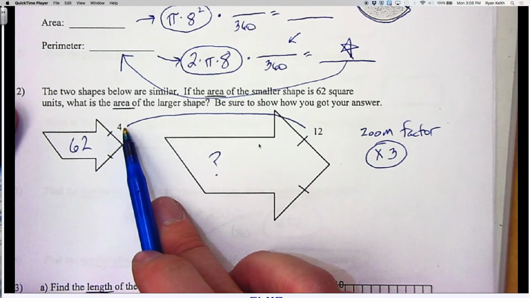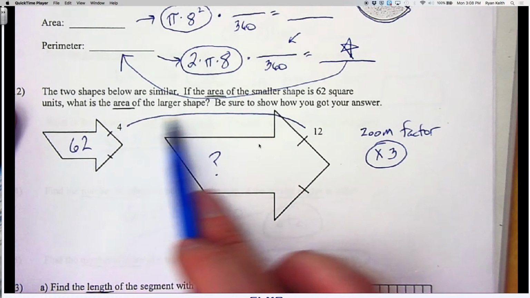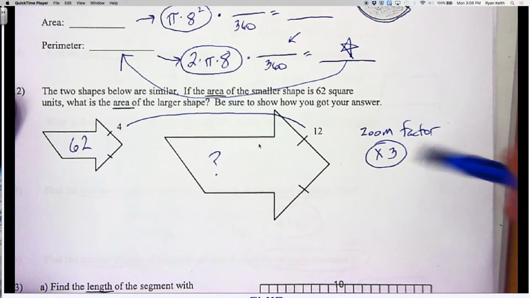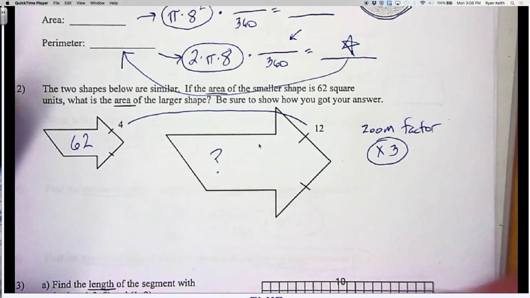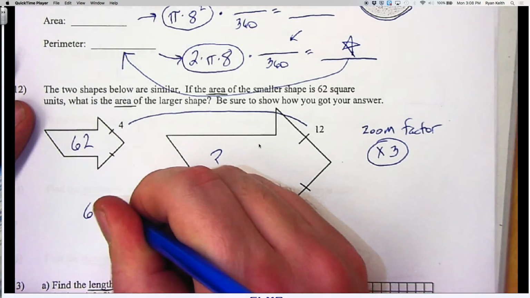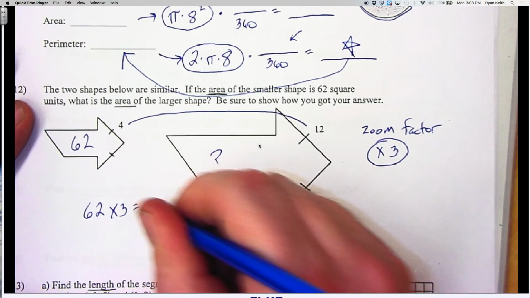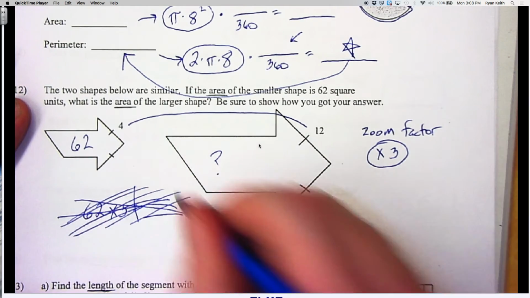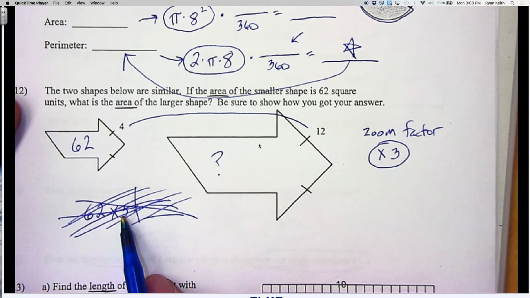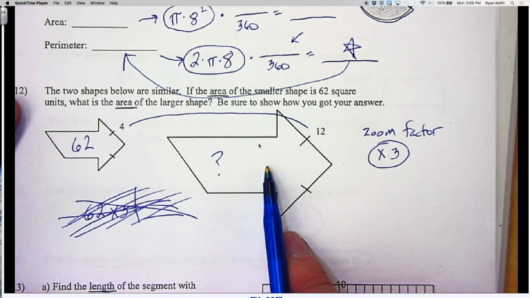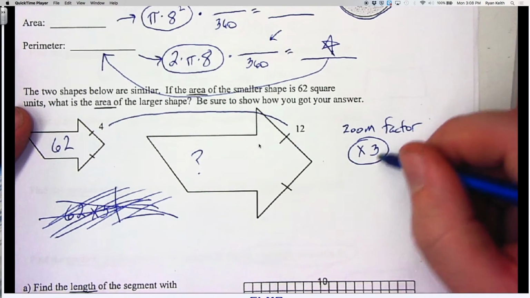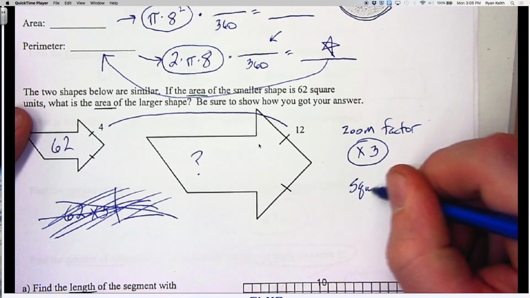There were a lot of you that were doing like 8, because 4 plus 12 is 8. We never add when we're talking about similar figures and zoom factors. It's always multiply. Okay? So the zoom factor is 3. But that does not mean that 62 times 3 is the answer that I'm looking for. 62 times 3 is not the answer for the area of the big figure, because we have to keep in mind that area involves the zoom factor squared.